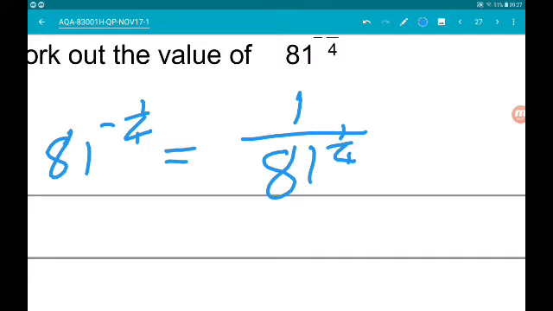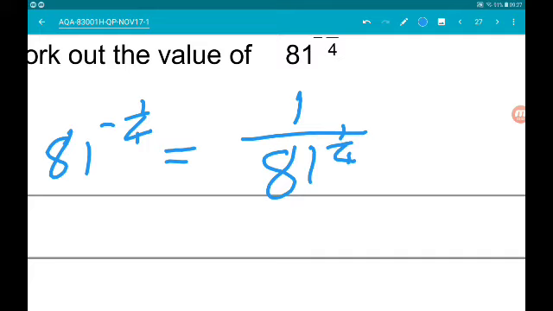So, then a fractional power, when you only have a 1 on top, is rooting the number to whatever the number is. So here we want the 4th root.